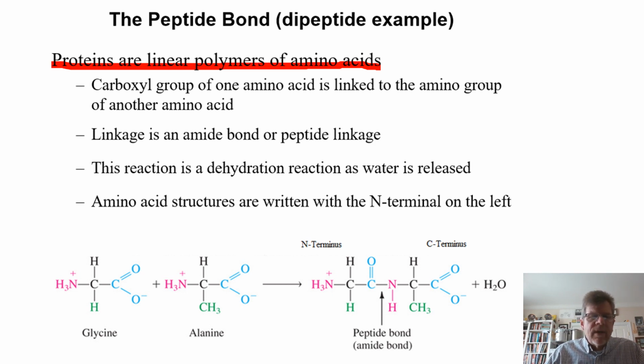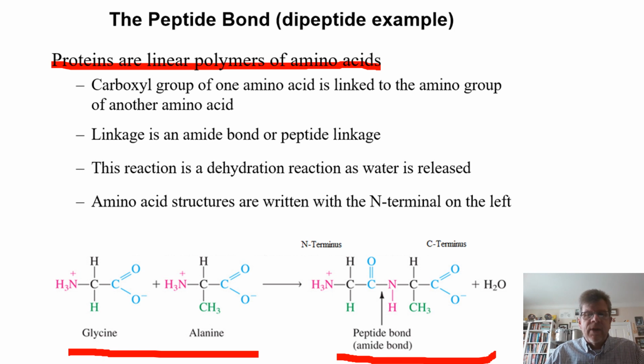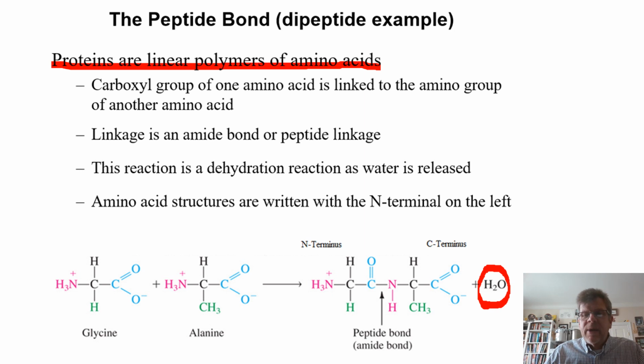Here is our reactants side of the equation, and here is the products side of the equation. Notice this reaction spits out water as a byproduct. So water, HOH, must be eliminated from the condensation of these two amino acids.